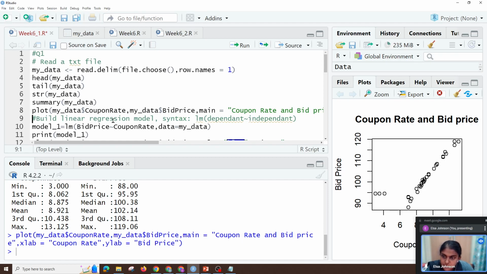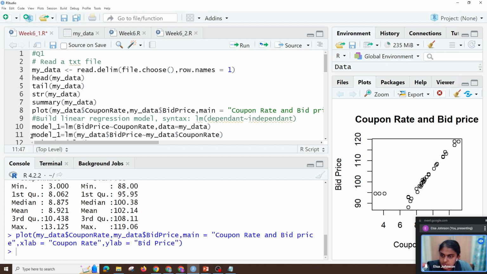Now if you want to build a linear regression model with this, you have to use the lm function. Then you give the formula here, bid price tilde coupon rate, and data equal to my data. Another way is you can use the same function, this was also explained in the lecture: whatever the name of your data is, dollar bid price tilde then my data dollar coupon rate, and then you don't have to give data equal to my data.